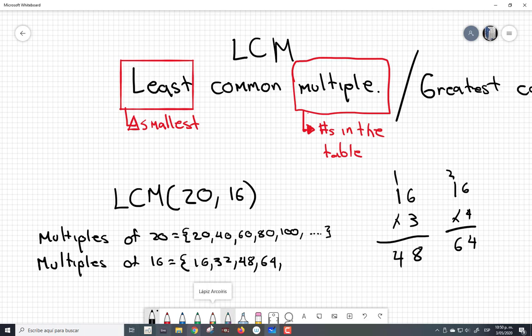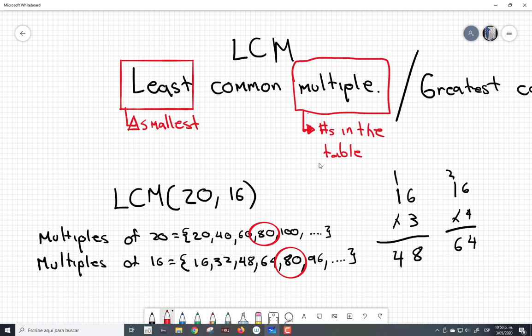This is going to be 80 and 96, and we are going to leave it like here. Because what numbers do you find in common? Here you can see that the 80 repeats in both.